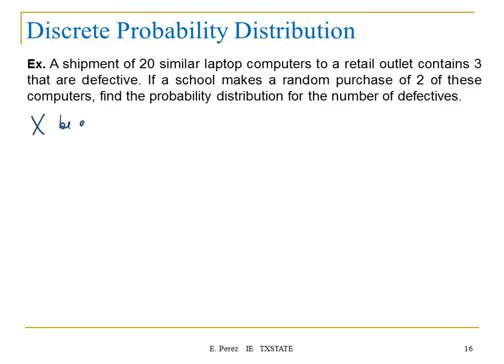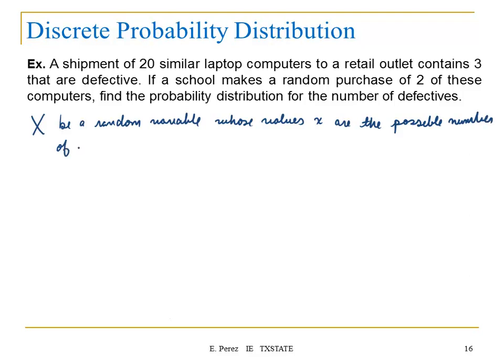So let x be a random variable whose values x are the possible number of defective computers purchased by the school.